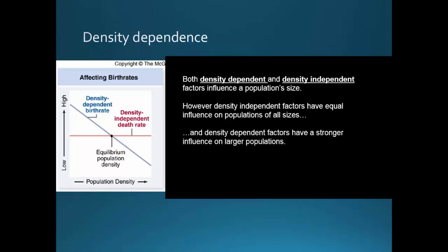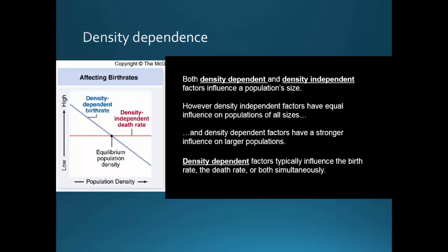In contrast, density-dependent factors have a stronger influence on larger populations and a weaker influence on smaller populations. Their role or their magnitude depends on how big the population size is. Density-dependent factors typically influence the birth rate, the death rate, or they may influence both simultaneously.